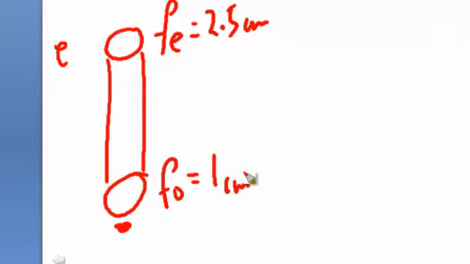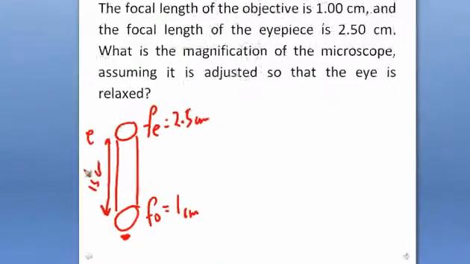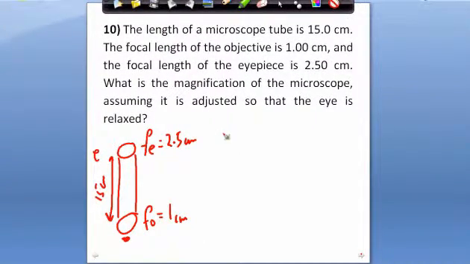Now the length of this tube is 15 centimeters. When we solve this, we are trying to find the magnification of this microscope. So we know that the lateral magnification of the microscope is given by minus Q over P.